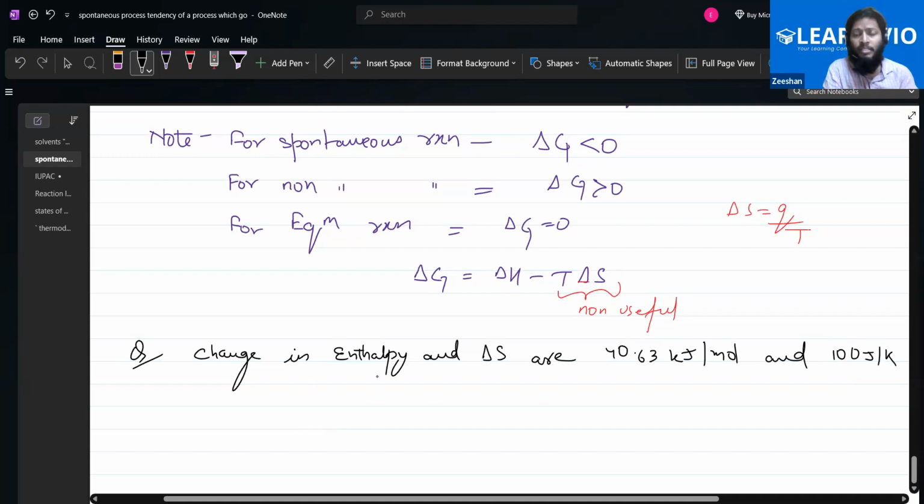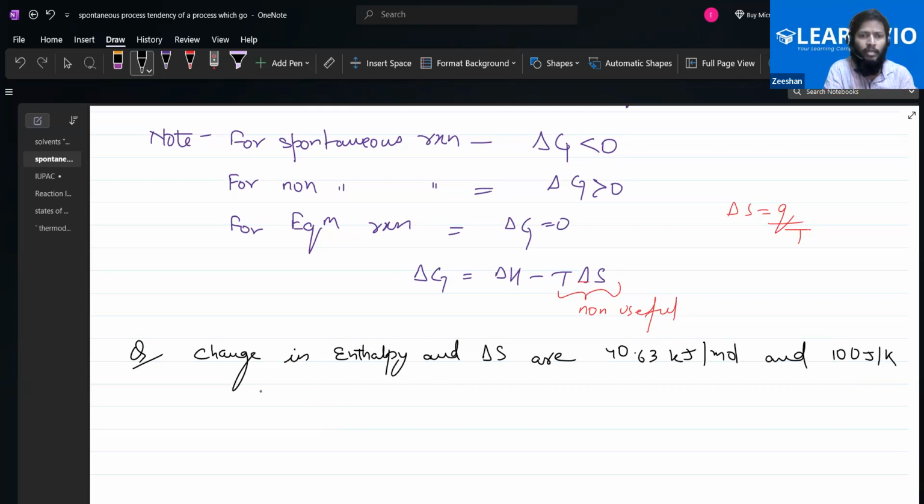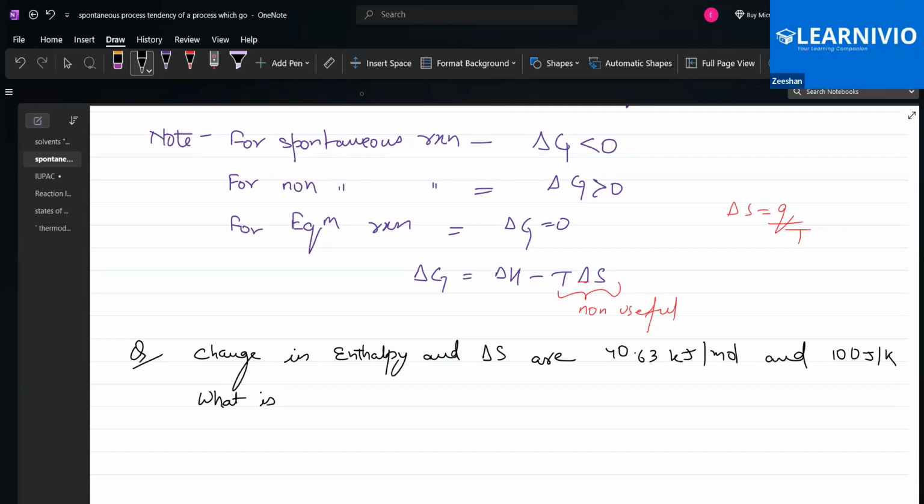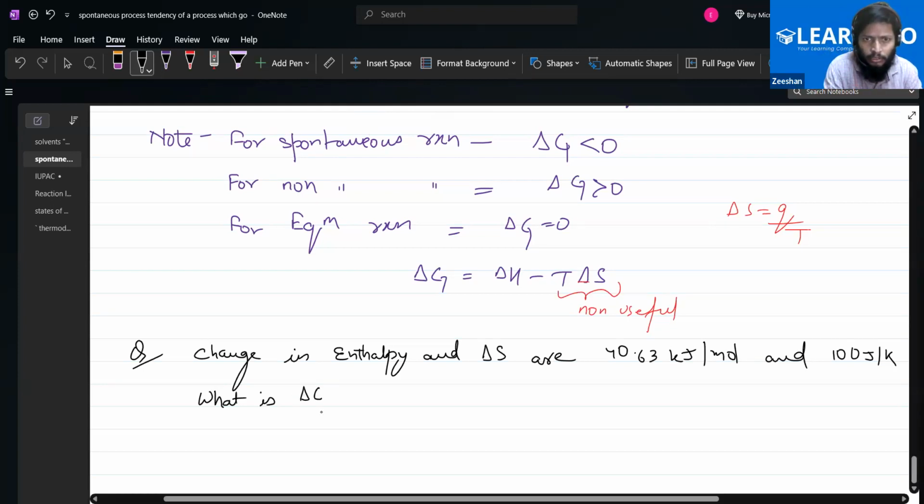So change in enthalpy means delta H is given and delta S is given, right? What is delta G at, solve this?